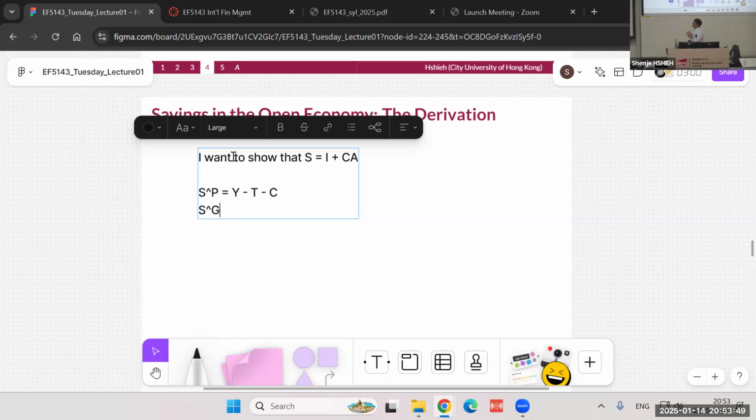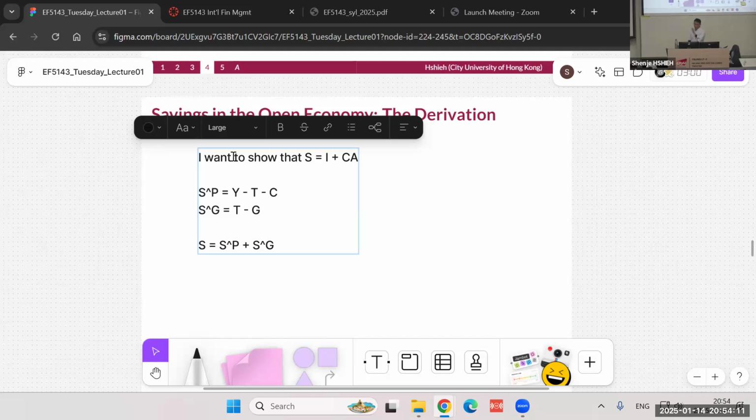The other kind of savings in the economy is savings from the government. So whatever the government doesn't spend from the taxes collected is therefore government savings. Agree? Therefore, total savings must be equal to S^P plus S^G, right?